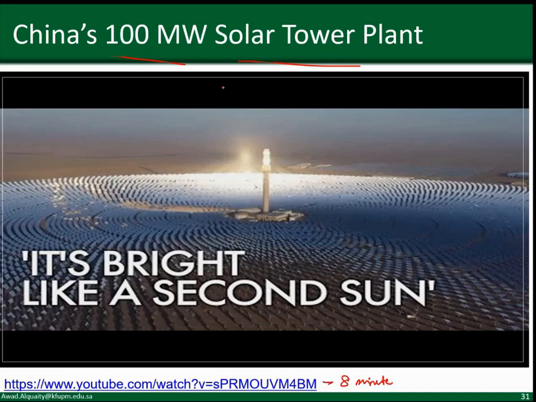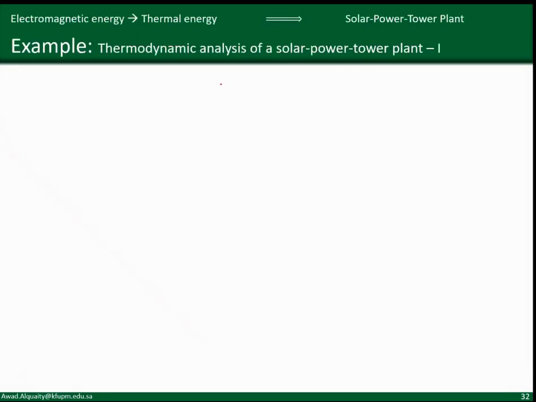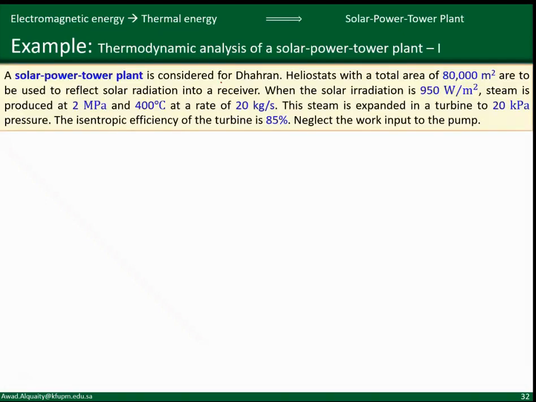Now, what I want to do in today's class is basically to complete the discussion on solar tower plants and solve a problem, right? So let's assume we want to set up a solar tower plant in Tehran, and we have decided to have heliostats which have a total area of 80,000 meters square, right? So a lot of heliostats over a very, very large area. And these are being used to reflect the radiation onto the receiver.